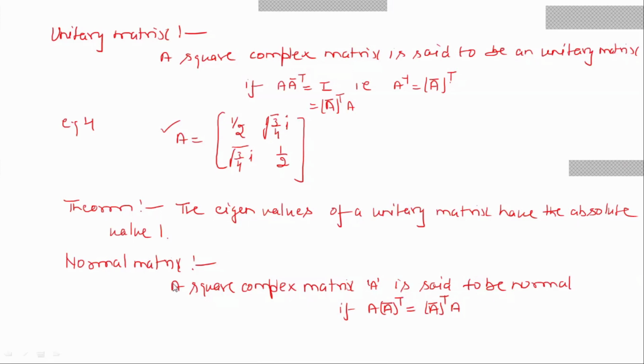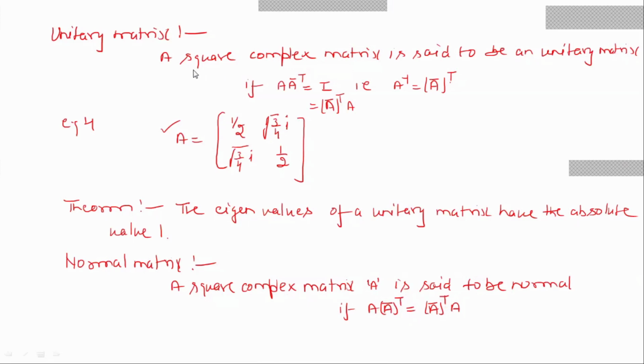And what is a normal matrix? A square complex matrix A is said to be a normal matrix if it satisfies this criteria: A into A conjugate transpose is equal to A conjugate transpose into A. If it is equal to identity, then it becomes a unitary matrix, and if it is not equal to identity, then it is a normal matrix.